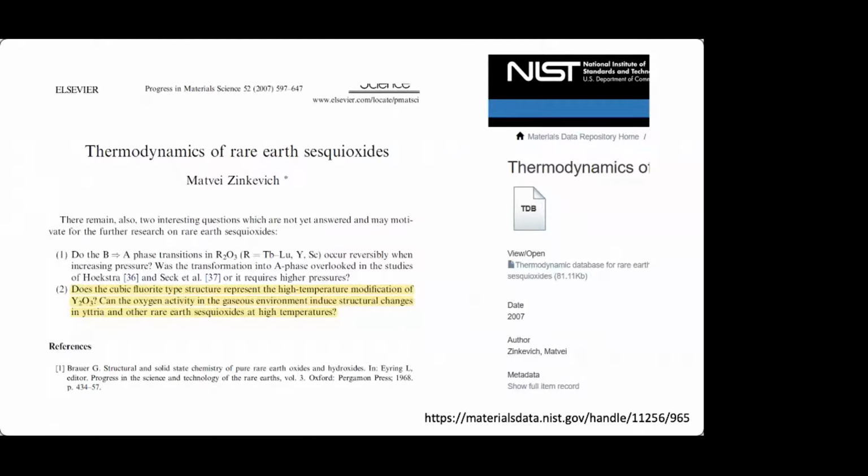The purpose of this review was the creation of a thermodynamic database, which he did, and which is now openly accessible at the NIST materials data repository. So he finished the review with a question: does the cubic fluorite type structure represent the high temperature modification of yttria? Can the oxygen activity in the gaseous environment induce structural changes in yttria and other rare earth sesquioxides at high temperatures?